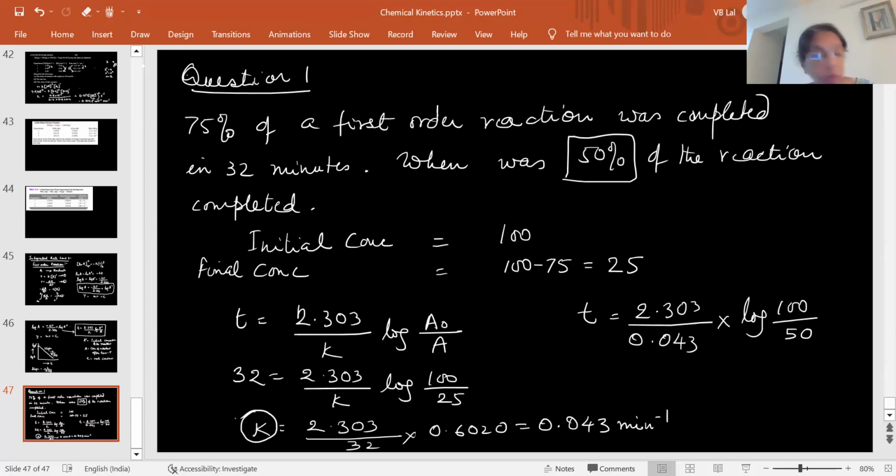So that will be log 2. Log 2 is equal to 0.3010.